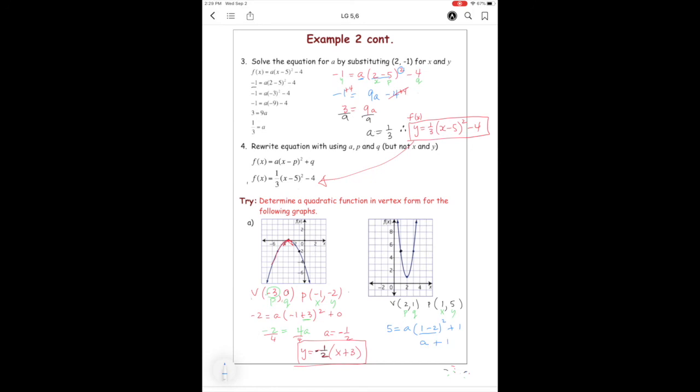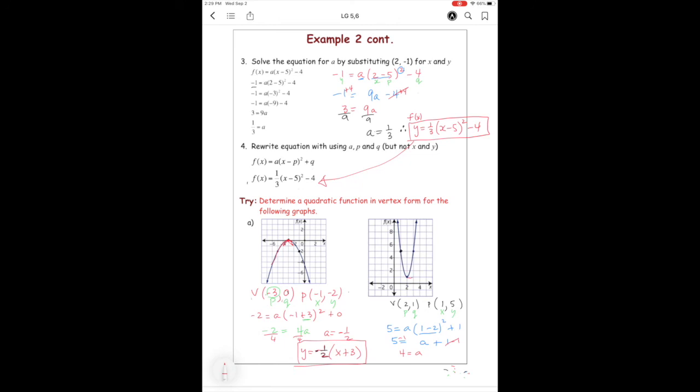Do some algebra. Negative 1 squared is 1, so that's a. Subtract 1 from both sides. So we know that's a 4, which makes sense.